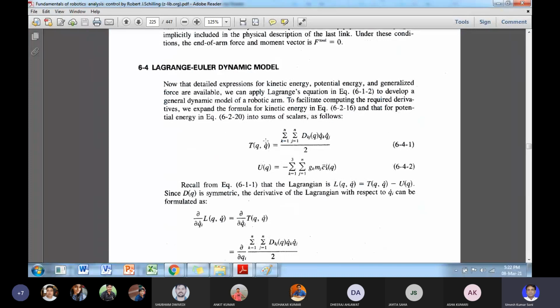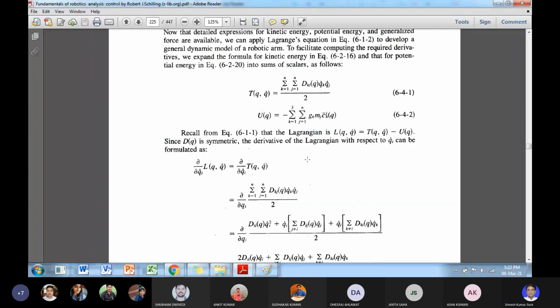In the dynamic model, we have replaced q dot transpose and q dot by q dot k transpose and q dot j.